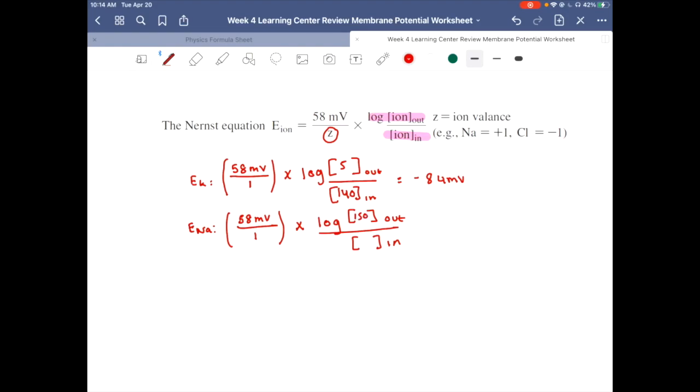So it would be 150 over 15 at the bottom. And that's going to give us +58 millivolts. So this is the potential where sodium ions are at their equilibrium. Does anyone have any questions so far on the math or just the concept in general?